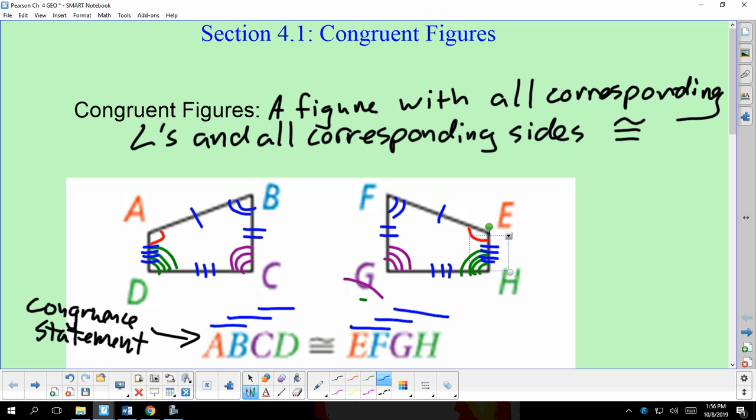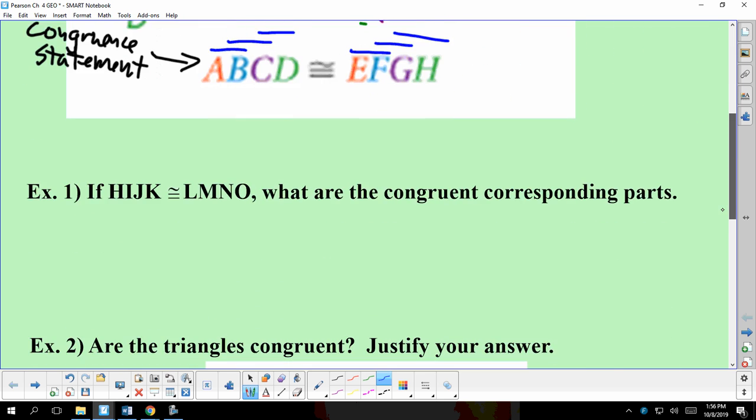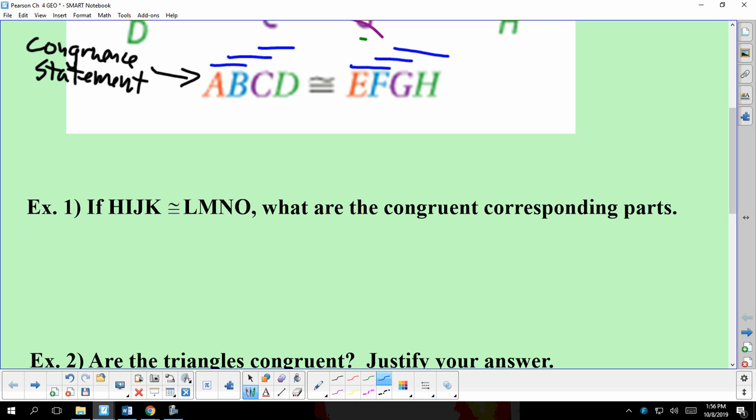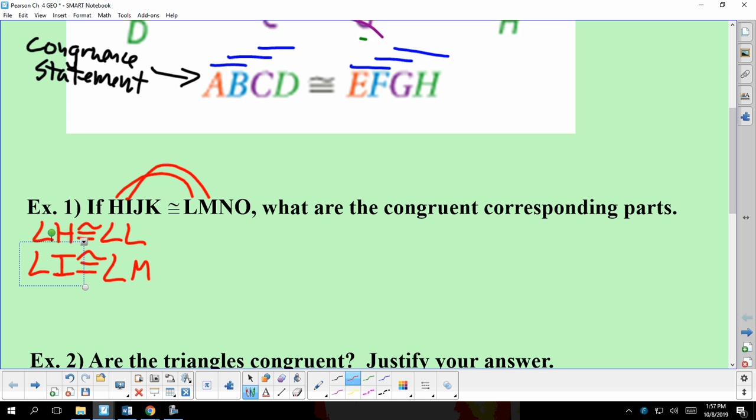So in the next one, we want to use this congruent statement to show all of the congruent corresponding parts. So I'm going to go here. H goes with L. Angle H is congruent to angle L. Angle I is congruent to angle M. That's the second one in there.